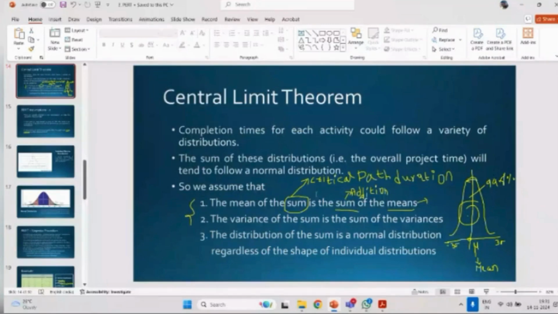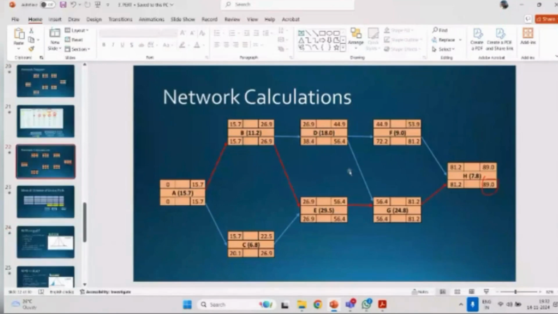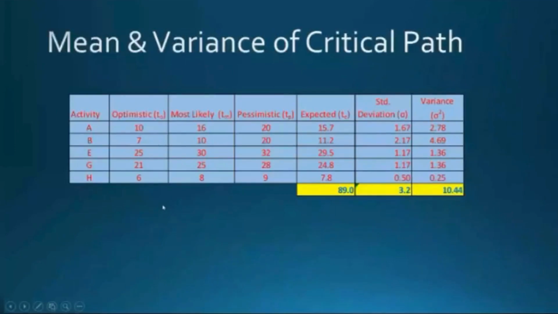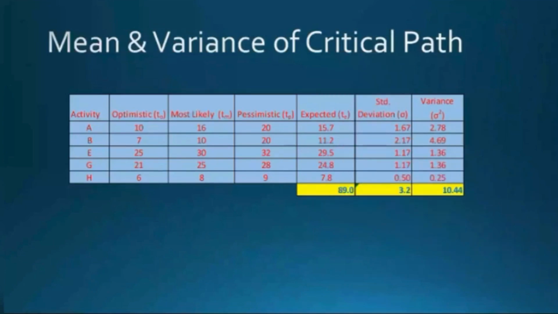For these critical activities alone, the expected times are: A is 15.7, B is 11.2, E is 29.5, G is 24.8 and H is 7.8. If you add all of them together, this is 89. This 89 is the duration of the project. The duration of the project is also called the mean duration of the project.